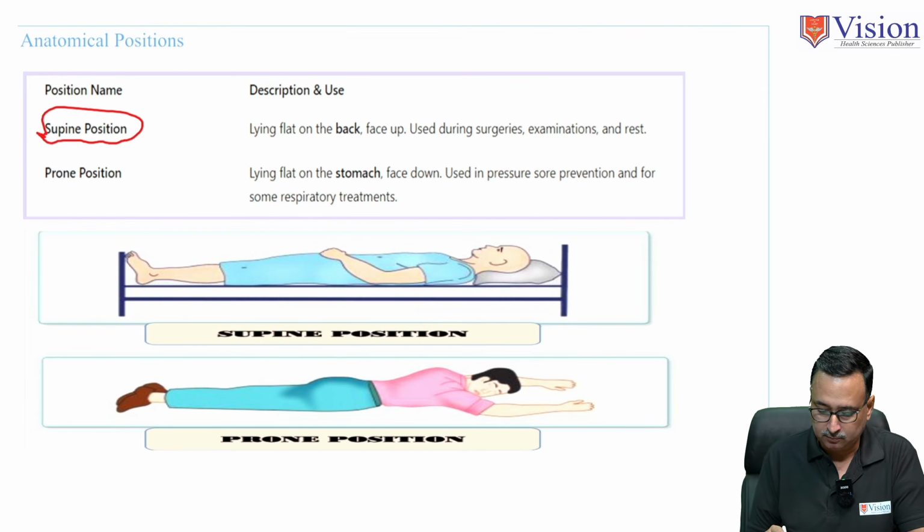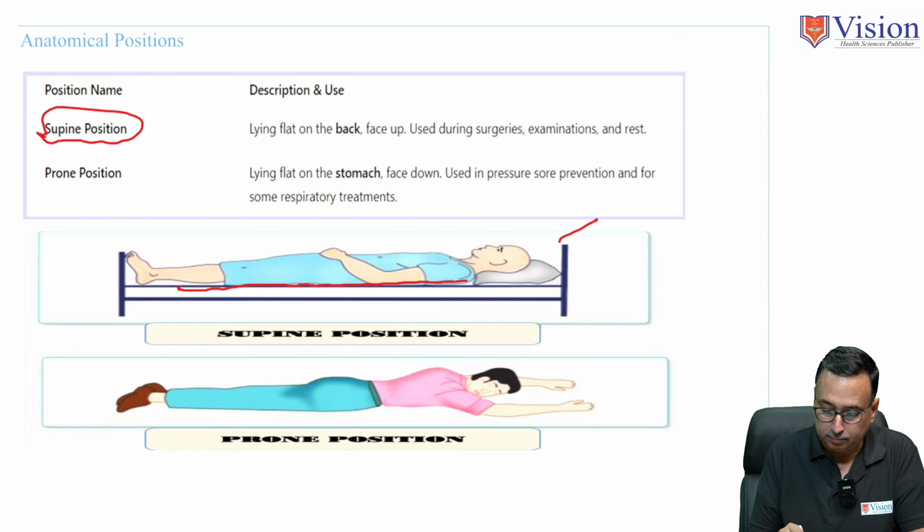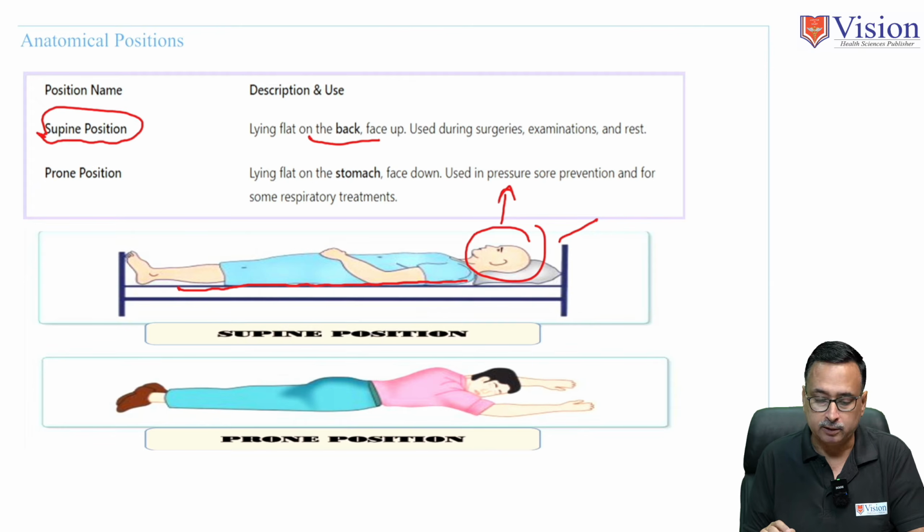In this diagram, see the person is lying on a bed with the back touching the bed. Supine position means lying on a bed with the back, and the face of the person faces upward or superiorly. This is a supine position.